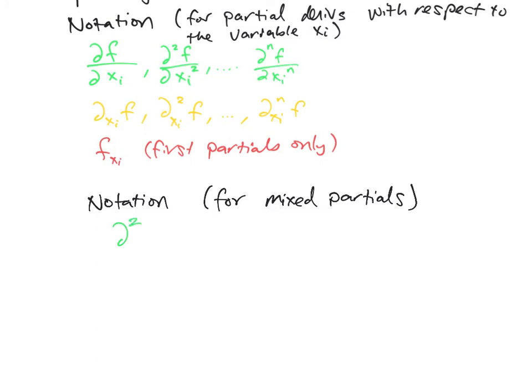For one derivative, you can only do it with respect to one variable, so you're not going to have mixed. But if you're doing two, then you might have two derivatives of f, and one of them is with respect to xi, and one of them is with respect to xj. And usually it's the rightmost one that comes first. But actually, usually the order doesn't matter. That's getting into a lot of other stuff.